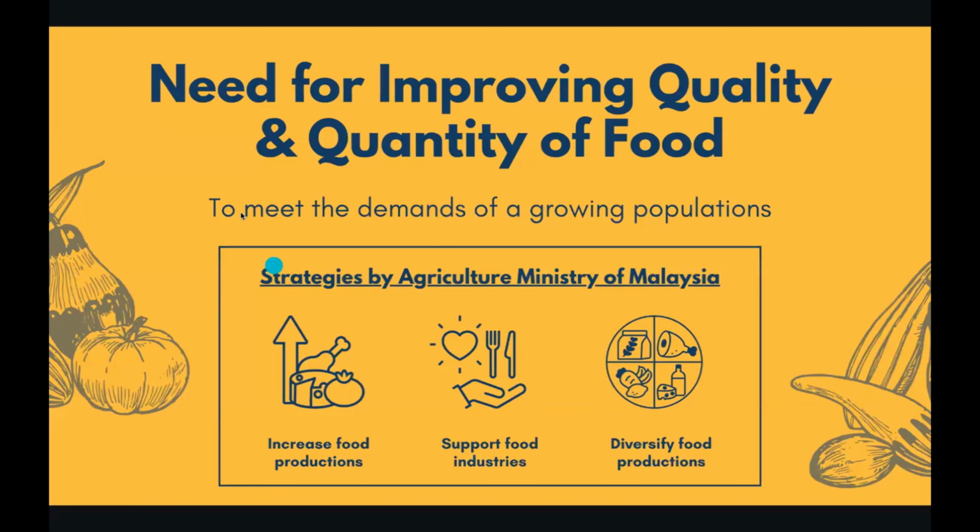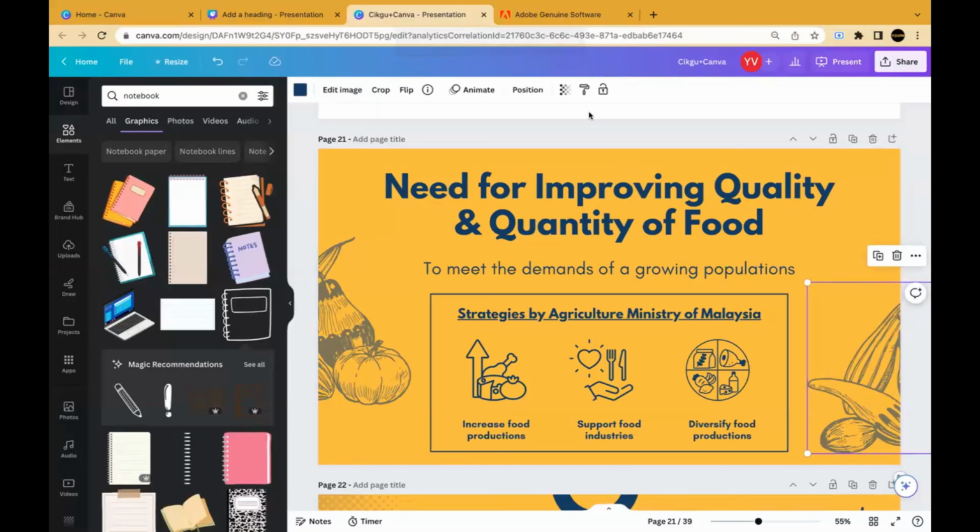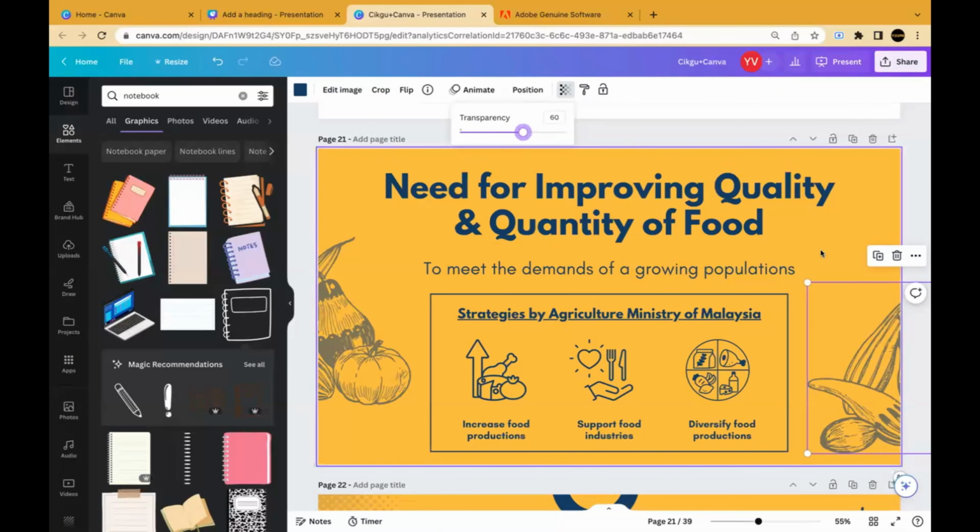So I put a little bit of pictures, and at the background, I made it a bit transparent. If you want to reduce the opacity at the back, the transparency, let me just show you. You click on the icon, you see this grid button up here. With this grid button, the transparency, you click here, and you can play around with the transparency, right?